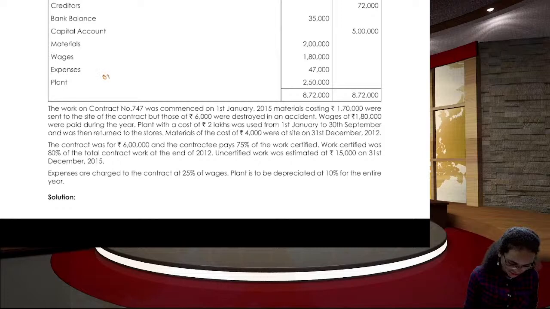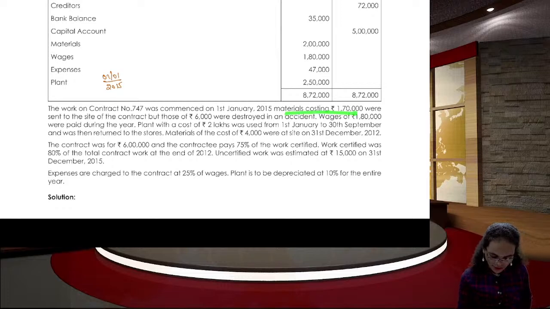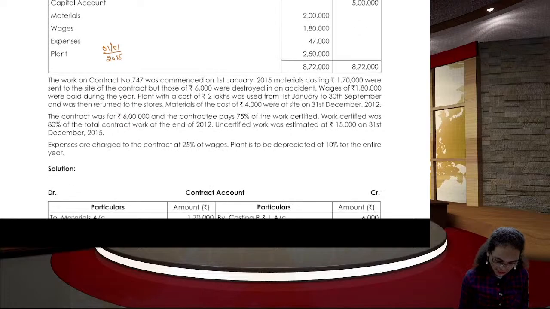Material costing 1,70,000 was sent to the site of the contract, but 6,000 of it was destroyed in an accident. When it is destroyed in an accident, you should transfer it to the costing P&L. The wages 1,80,000 were paid during the year. The plant with a cost of 2 lakh rupees was used from January to 30th September. See, this is the commencement date.